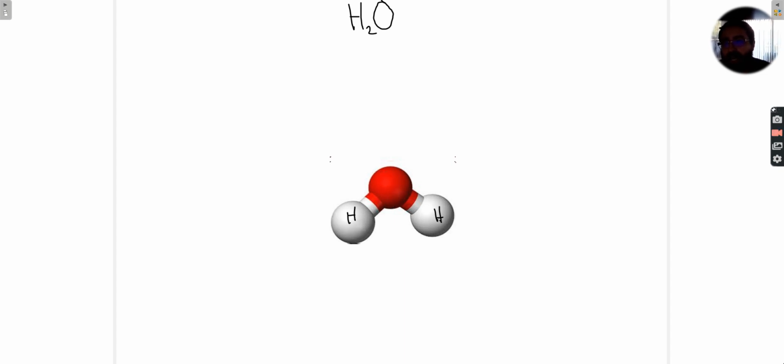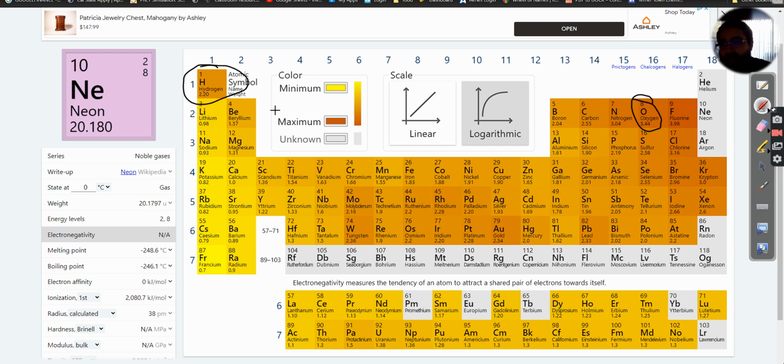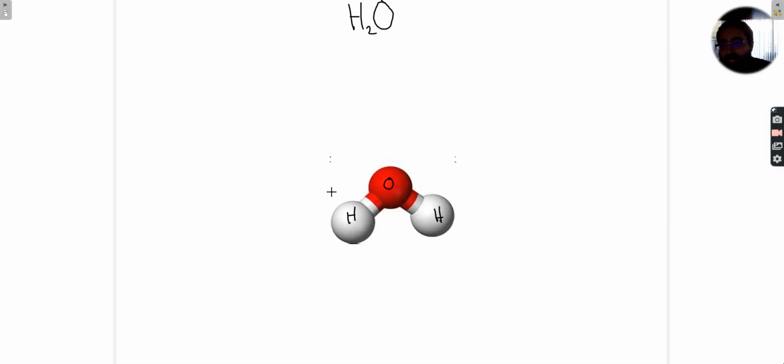If you take a look at ptable.com and compare the electronegativity, well, oxygen's is higher than hydrogen, significantly higher. So what happens is that the electrons want to go to oxygen. So this side becomes partially positive, and this side becomes partially negative.